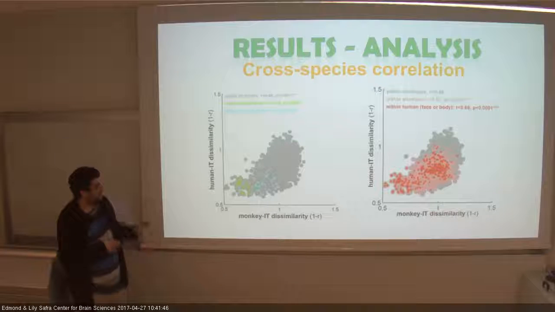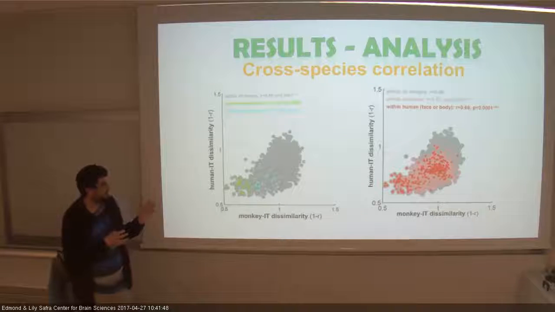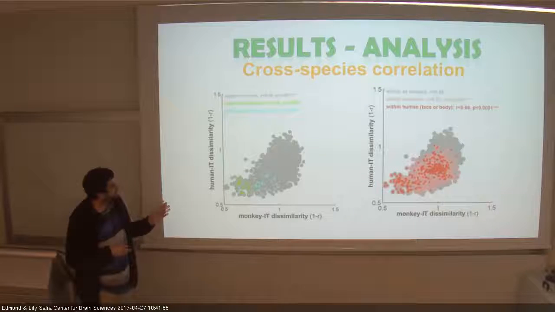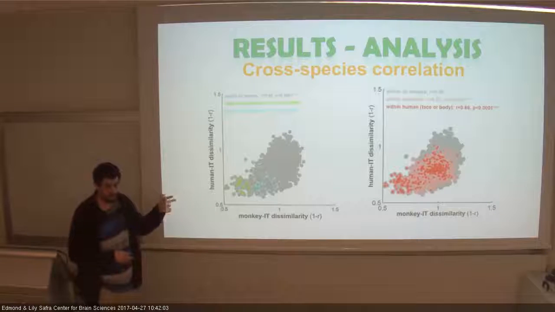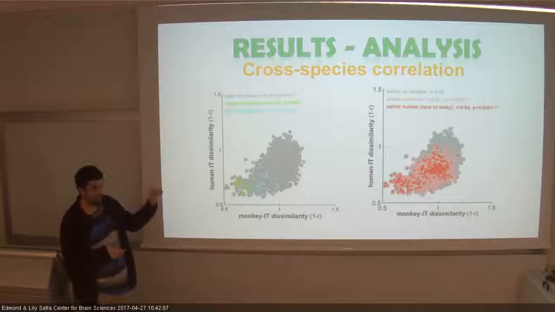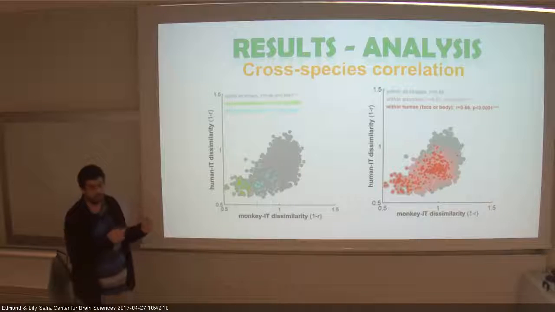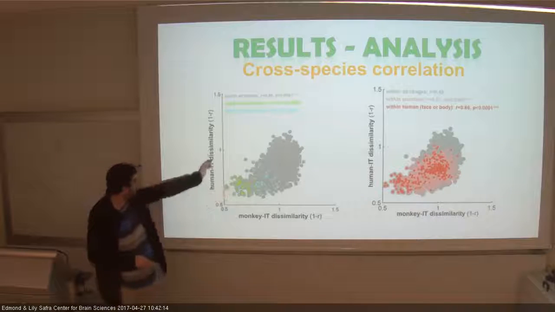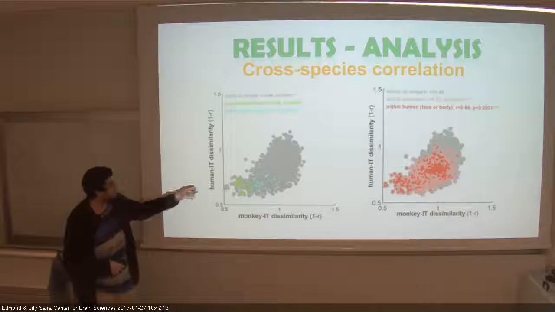Okay. So what they did here is they wanted to show that there actually exists a correlation in a more graphical way. In the x-axis here, we see the amount of dissimilarity in the monkey IT, and in the y-axis we see the amount of dissimilarity in the human IT, and every dot here is a pair of two stimuli, and we can see how much dissimilarity there is in the monkey and how much in the human.